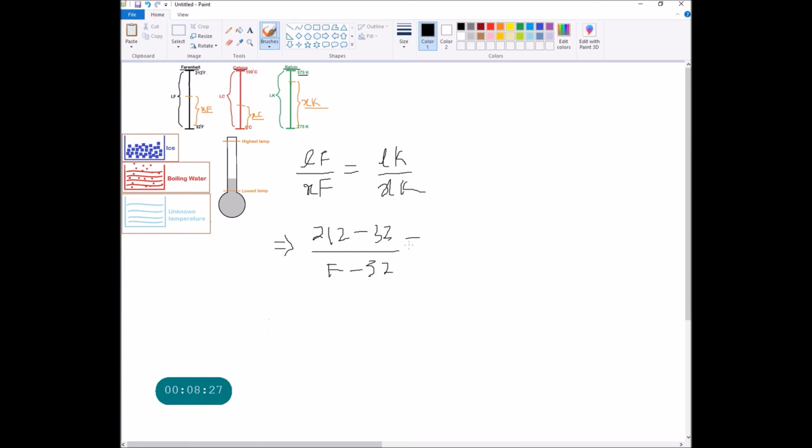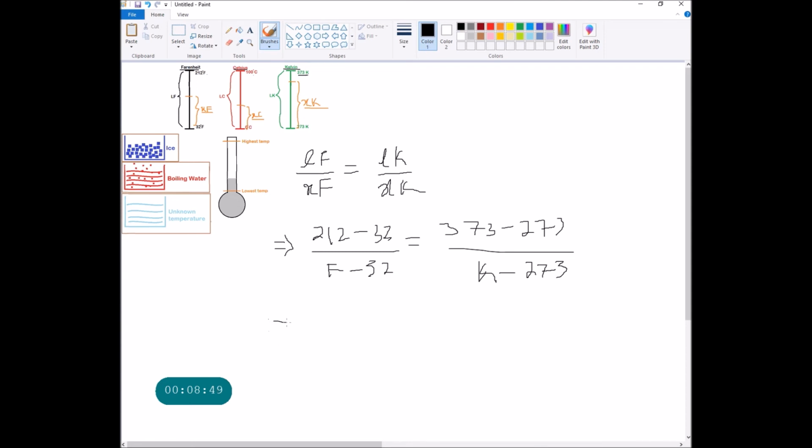Now this will be equal to 373 minus 273 divided by K minus 273.